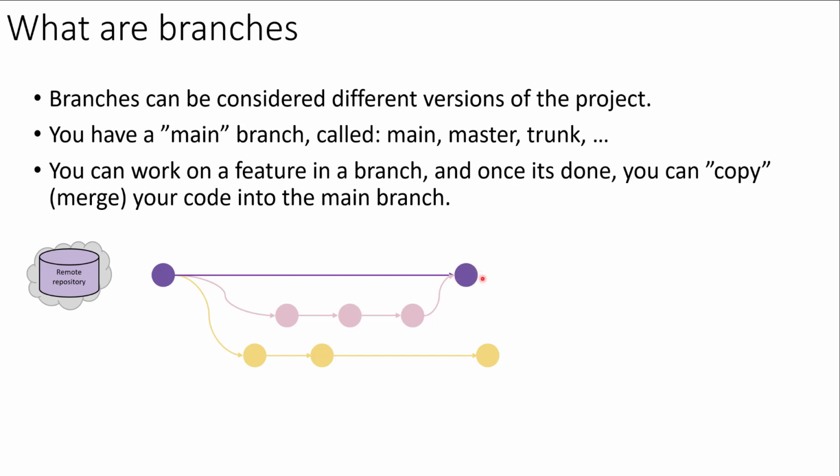At some point slightly later, right, time is on the x-axis, the person working on the yellow branch here finishes their feature and merges it back into the main branch. So now the main branch is updated with the pink feature and then the yellow feature.